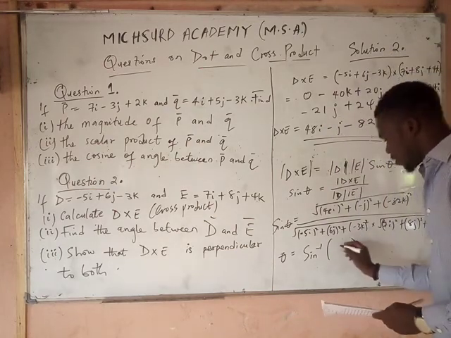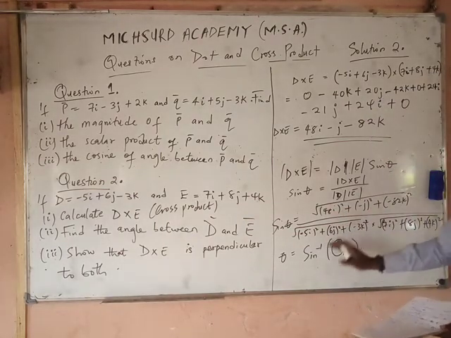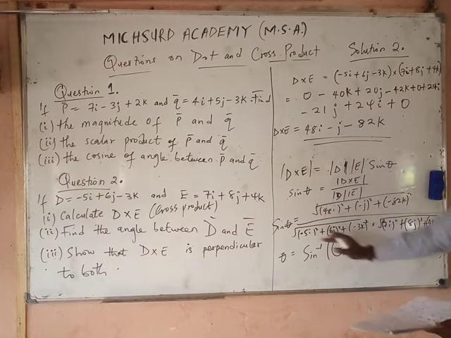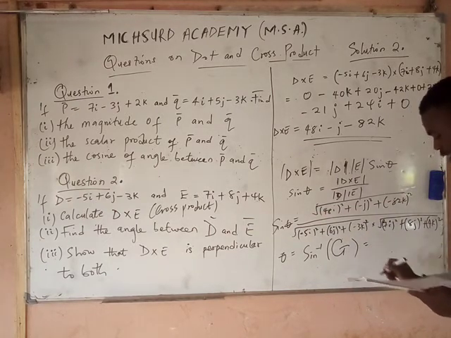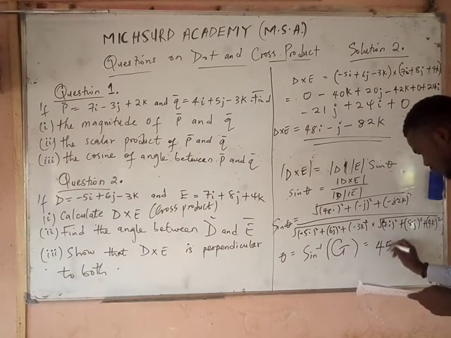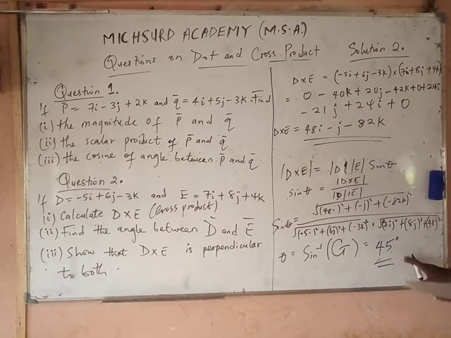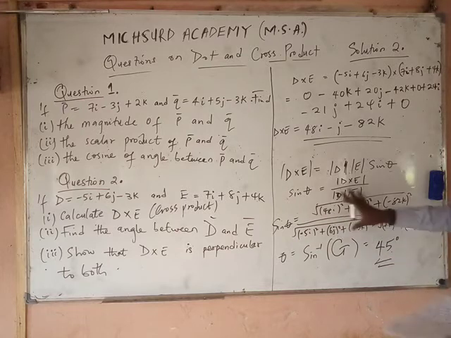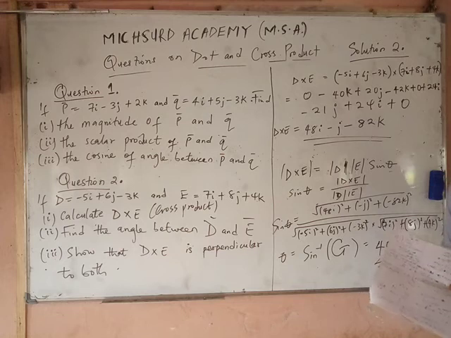Let's call it g. I believe by now you must have solved this in your calculator and you call it g. Then once we find the sine inverse of that, our result will be equal to 45 degrees. So that is our angle. Try this out, solve it, and see if your answer will be 45 degrees.